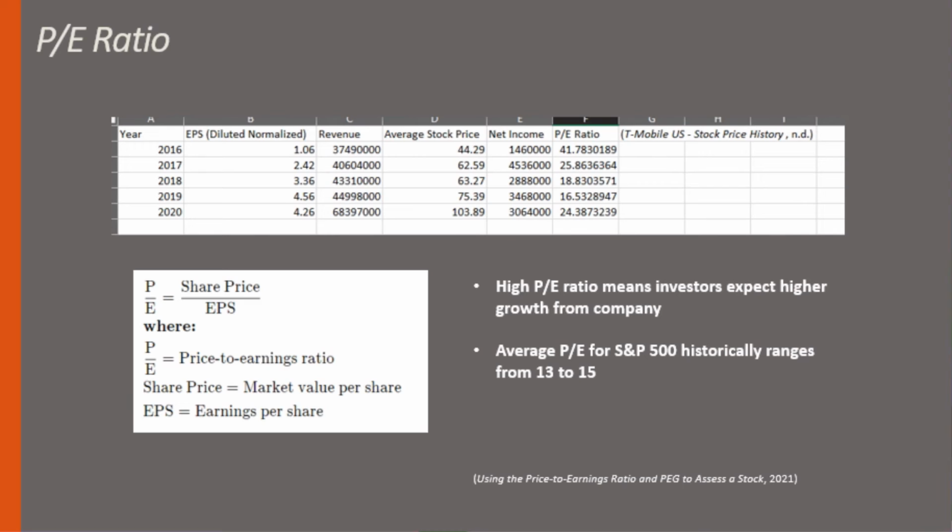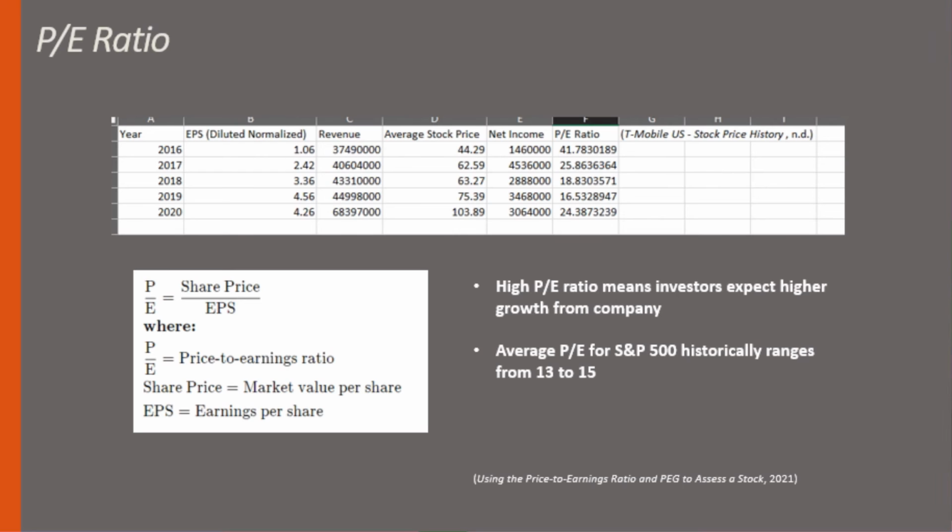A high P over E ratio means that investors typically would expect higher growth from that company, depending on the average for the telecom industry at any given time. The average for the S&P 500 historically ranges anywhere from 13 to 15. So you can see in the most recent year that this was calculated at 24, which would indicate quite a high price to earnings.